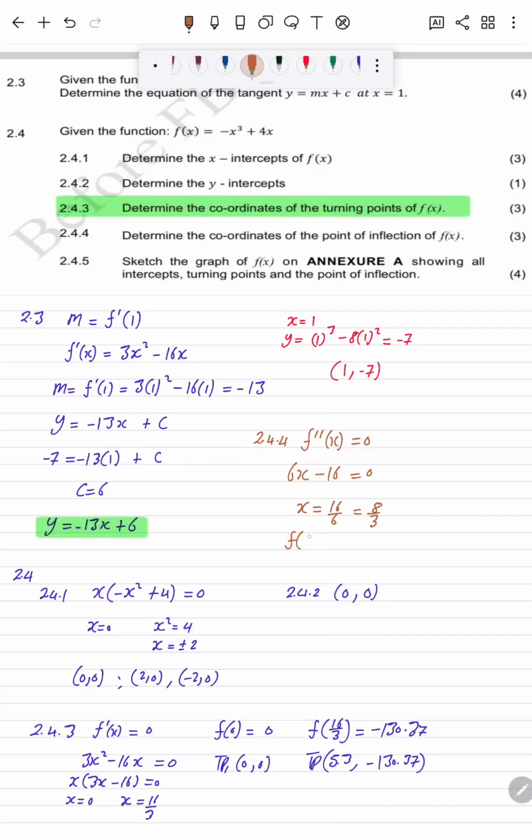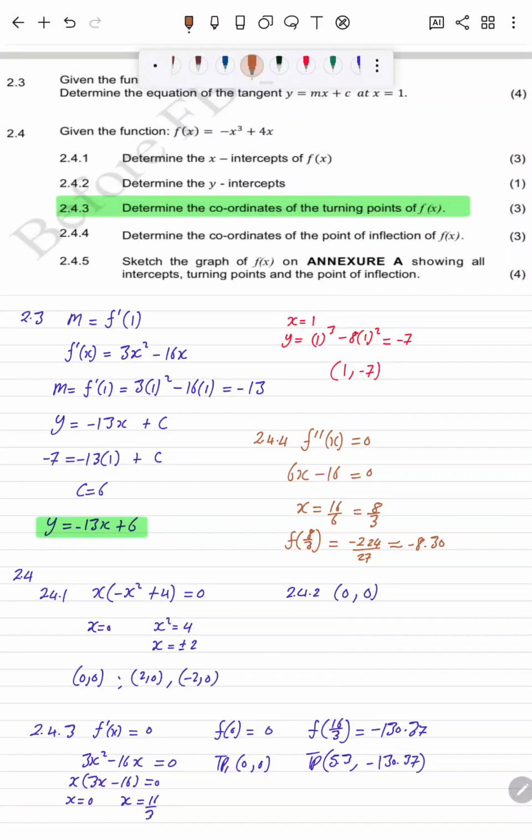And then you're going to find f of 8 over 3. What is the meaning of this? You simply substitute 8 over 3 into the original function. And then this gives me negative 224 over 27, which simplifies to negative 8,30.